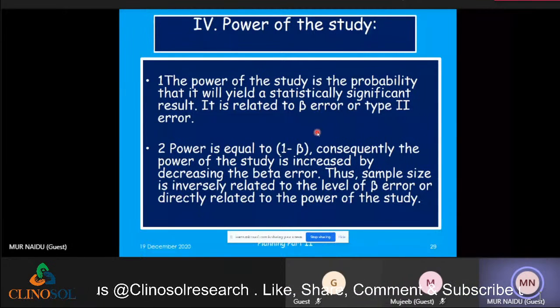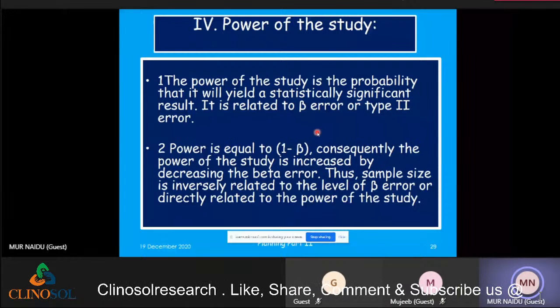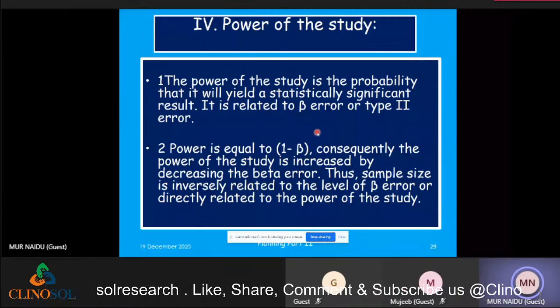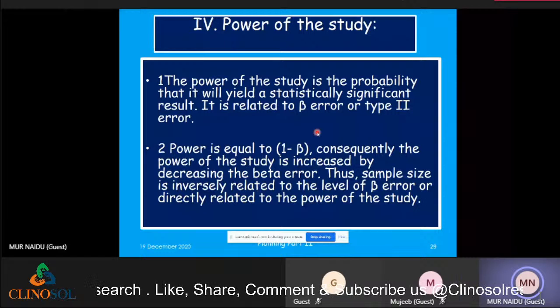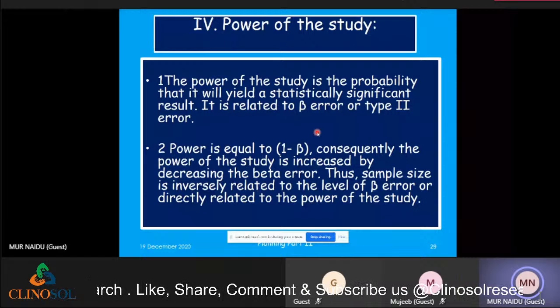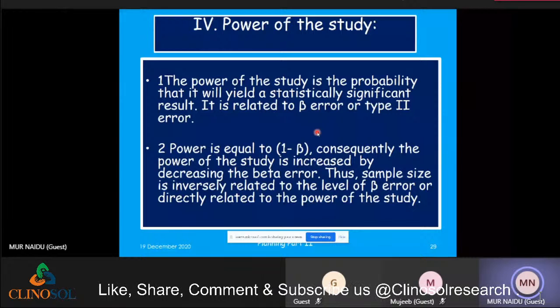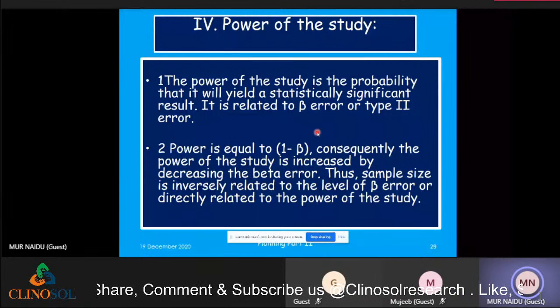Type 2 error is there when the effect is really there, but you are not showing the effect. So this is type 1 and type 2. They say probability and power to fix. I told you that 0.05 is common, 80% is most common. You can increase to 90% or 95%, but the sample size will increase.